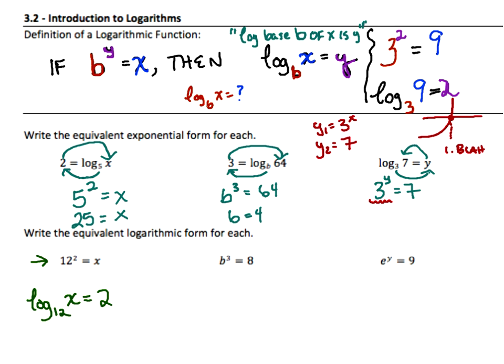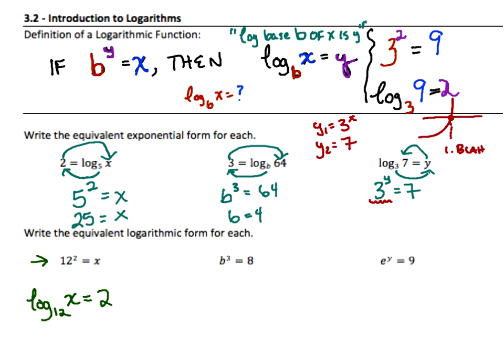So remember, 12 squared is x is our exponential expression. And whenever you're writing a logarithm, you write it so that whatever you're equaling tells you the power that you have to raise the base to in order to equal the number you're taking the logarithm of. But I probably didn't say that well at all.